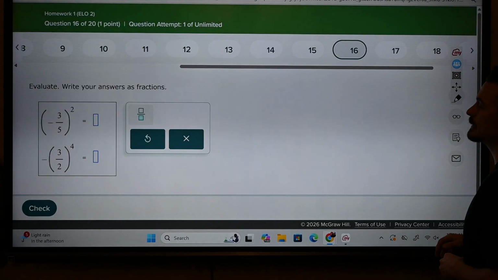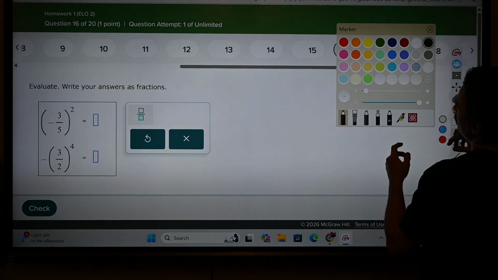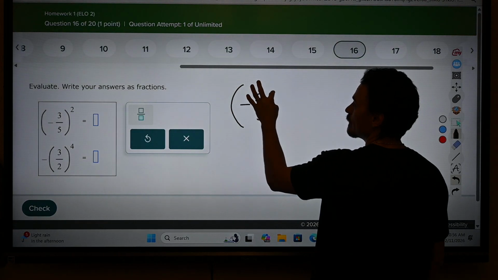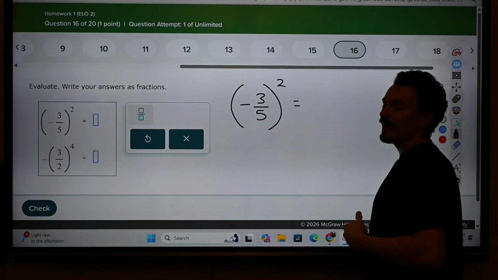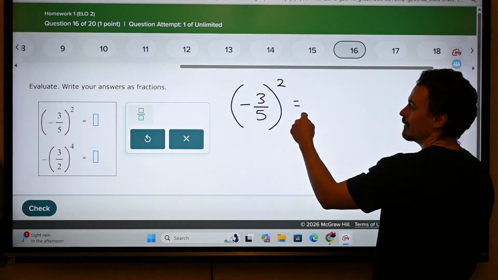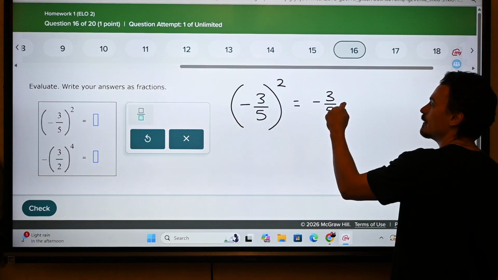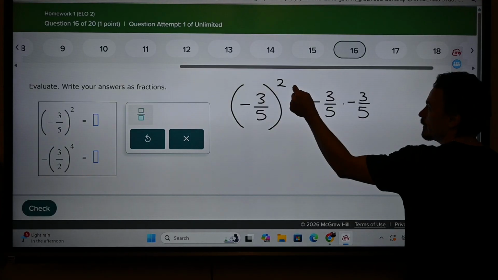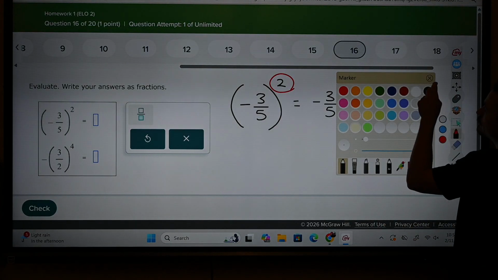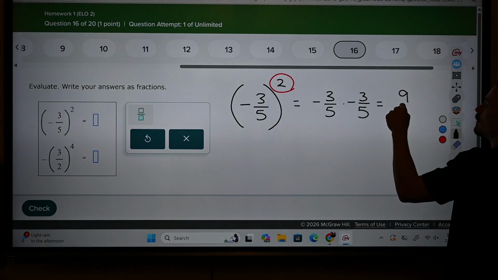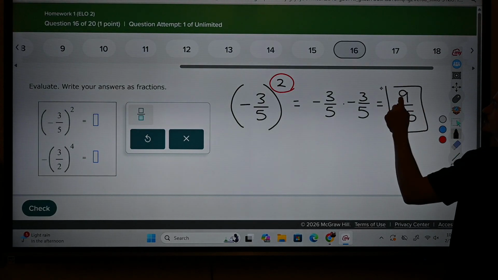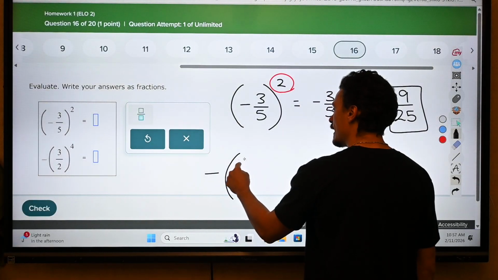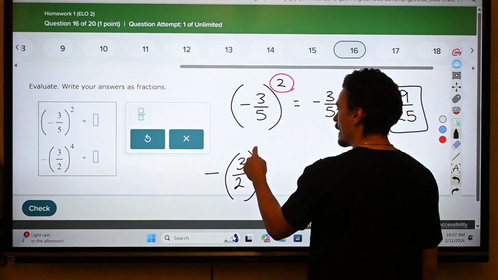Okay, moving on to number 16. I put some challenging ones on here, ones where you're going to have to think a little bit. But guys, if ever you're in doubt, just expand it out. So this is negative 3 over 5 times negative 3 over 5. I'm writing it twice because my exponent is a 2. This is going to equal 9 over 25. Now on the bottom, I have a negative symbol on the outside, and I have 3 over 2 to the power of 4.